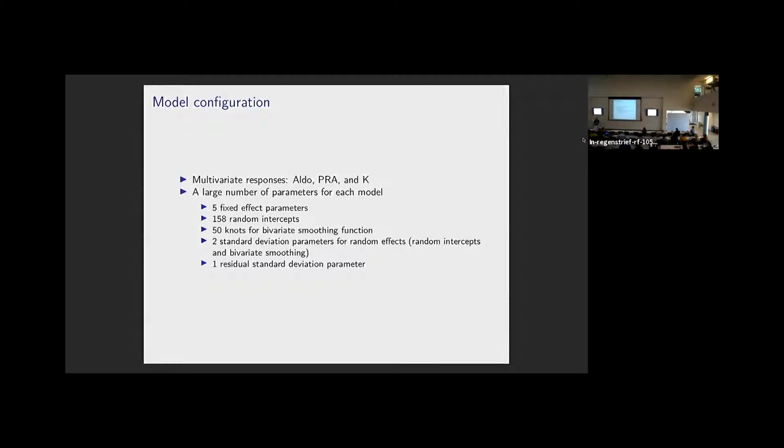And we have a large number of random intercepts. We don't count all of them as parameters because they are generated from a mechanism. And there were 50 knots for each of the smooth surfaces. With 3 outcomes, that's 150. So anyway, the point is the dimension is really high. And if you're trying to use a likelihood-based method to estimate it, all I can say is good luck.